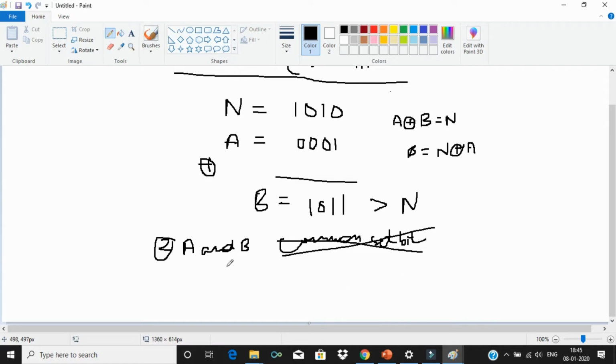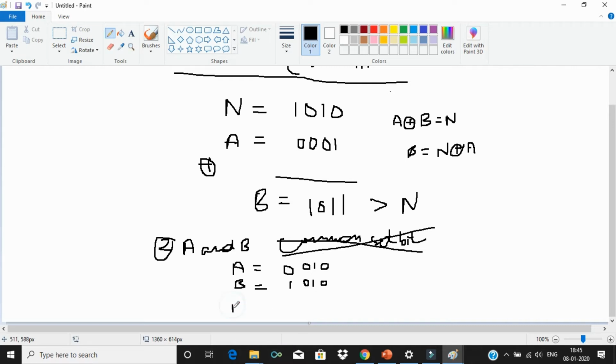Let A be 0010 and B be 1010. Now they have one common set bit, these two 1s.